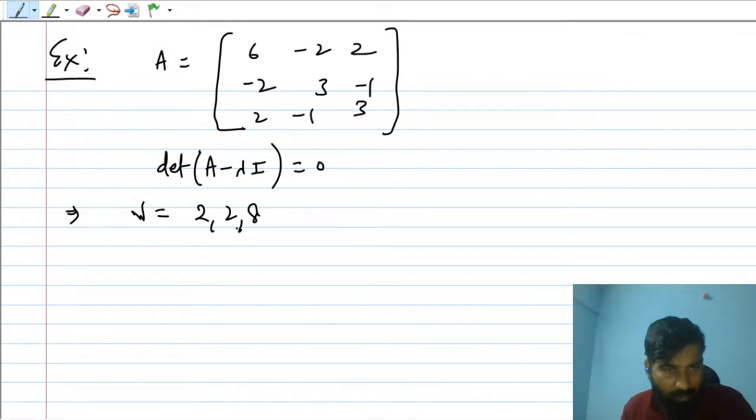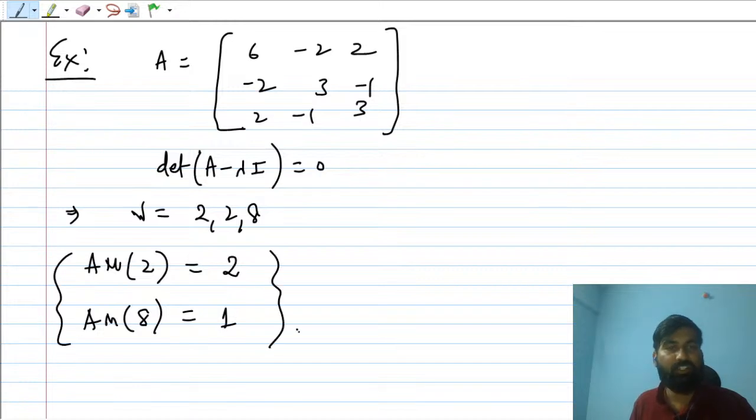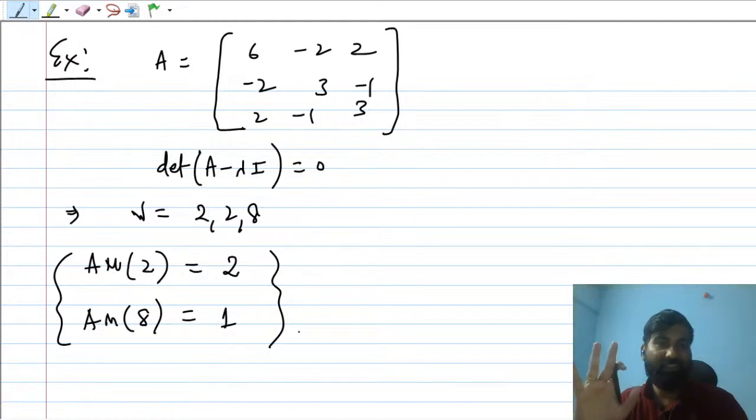Then you can find AM of 2. AM of 2 will be 2, because 2 is getting repeated 2 times, and AM of 8 is 1. Here we have got the algebraic multiplicity directly. I hope this makes sense. Now the question is how to find the eigenvalue. You should know, because I have discussed it in detail.